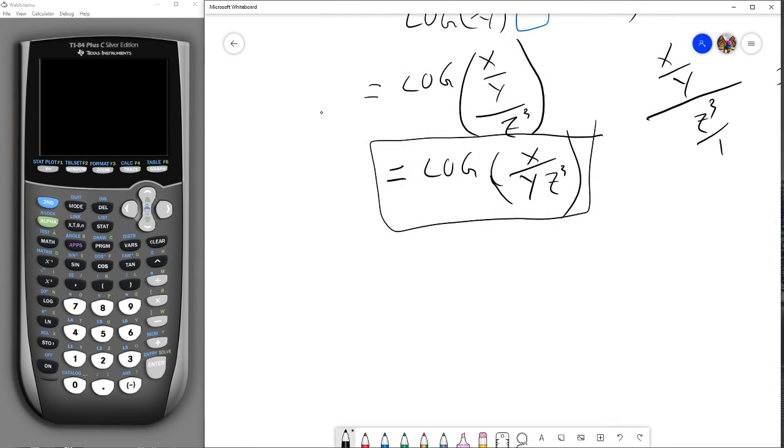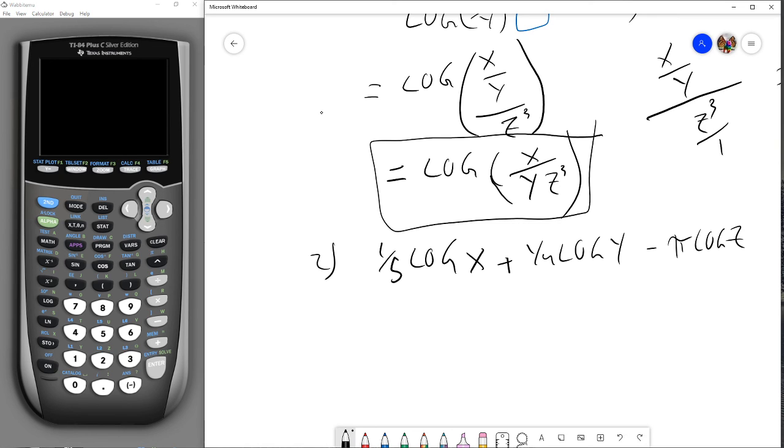Another example. How about 1/5 log x plus 1/4 log y minus pi log z. Alright. In this case, it doesn't really matter the order we do.